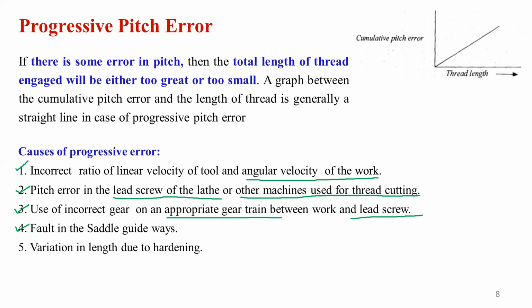Fourth reason is fault in the saddle guideways; the guideways may not be straight, maybe lack of straightness. Fault in the saddle guideways causes the progressive pitch error, and variation in the length due to hardening causes the progressive errors in the screw threads.